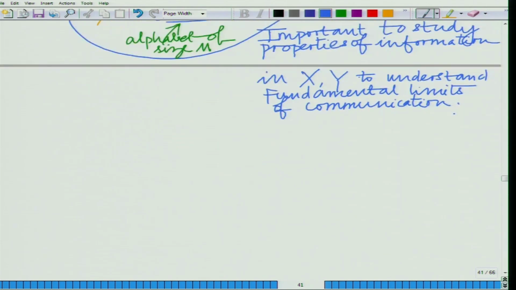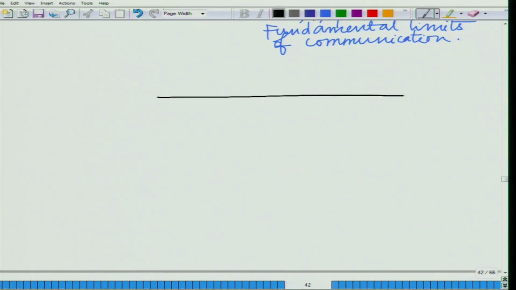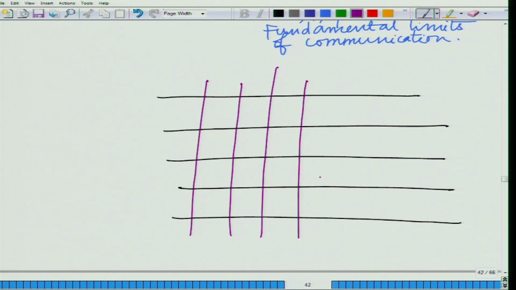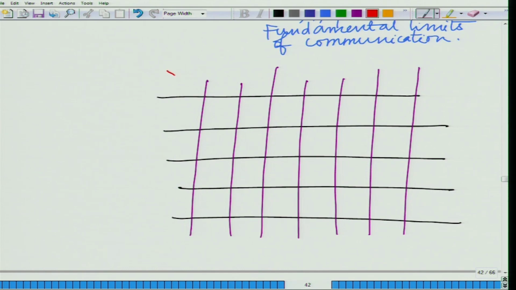Let us now make a table to describe this better. I am going to divide it into x comma y, with the various possible values of x, that is S0 to S m minus 1, and the various possible alphabet of y, that is r 0, r 1, up to r n minus 1.